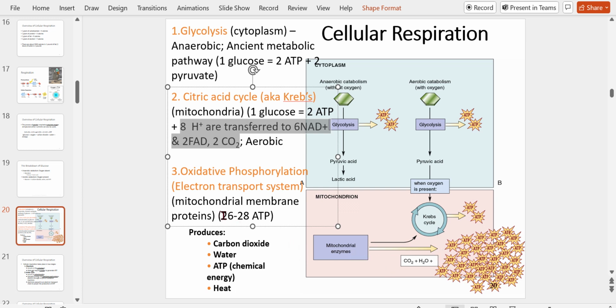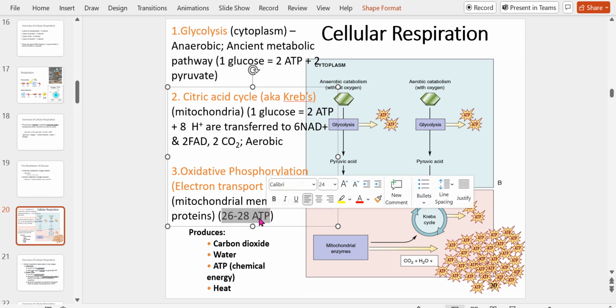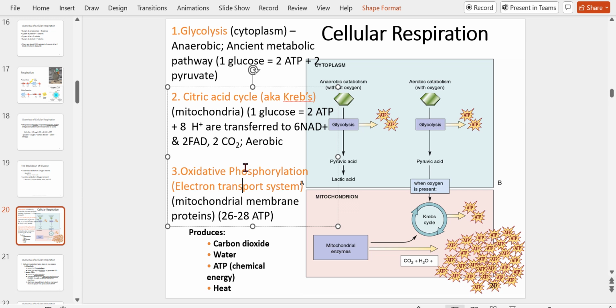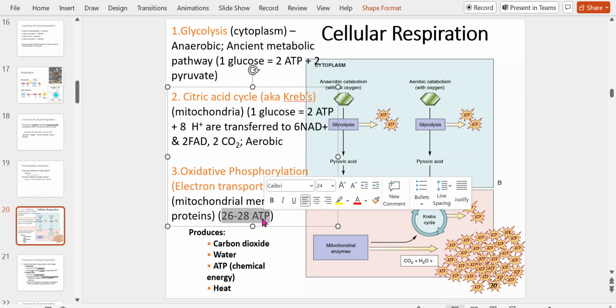Anywhere from 26 to 28 ATPs per glucose. So 2 ATP up here, 2 ATP here, but the big money is these 8 hydrogens. That's where the money comes from, because once these are in place, the electron transport chain comes into effect, and that's where you make the ATPs.